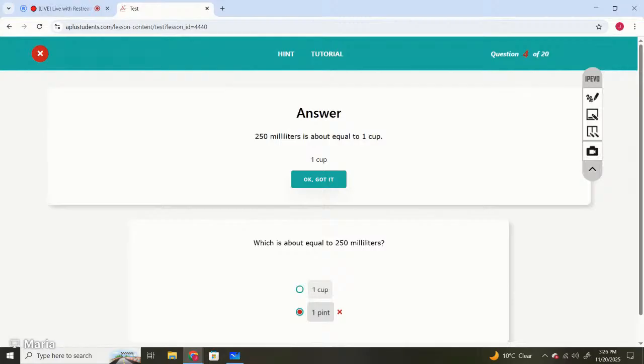Oh, 1 cup, sorry. 250 milliliters equal 1 cup. So 1 cup it is.